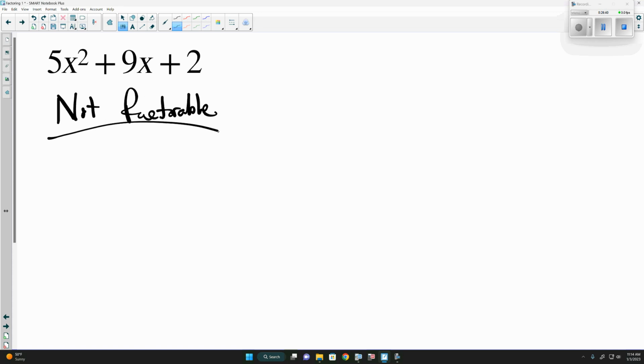So one of the ones on the homework assignment is not factorable, and one of them has just a greatest common factor.